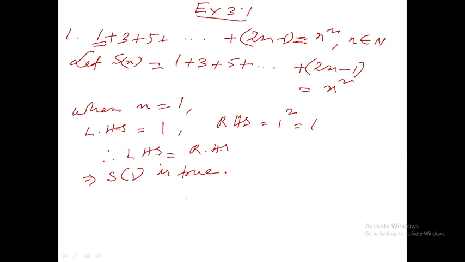Now we shall assume that the given statement holds for any natural number k. For any natural number k, we shall prove that it holds for the next higher natural number k plus 1.